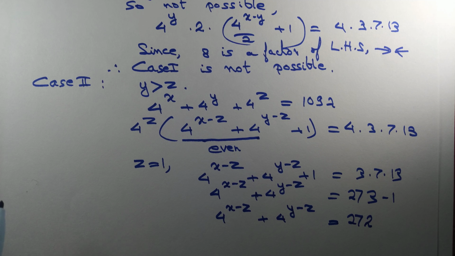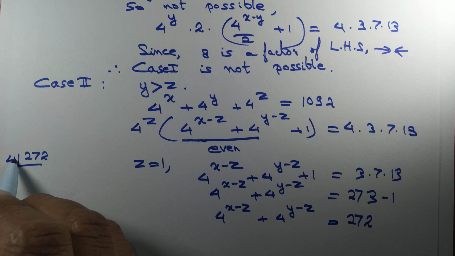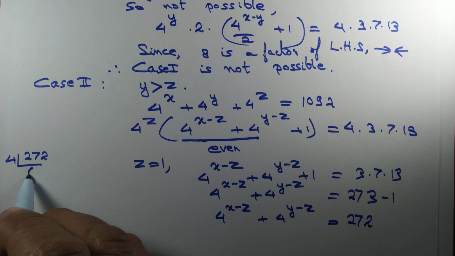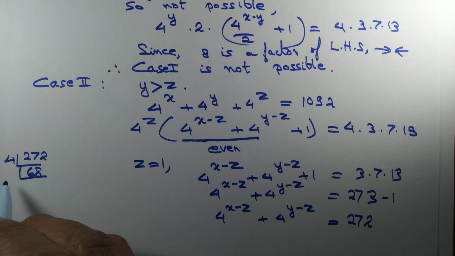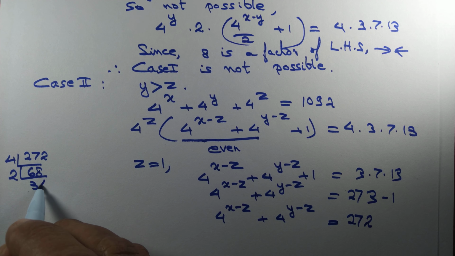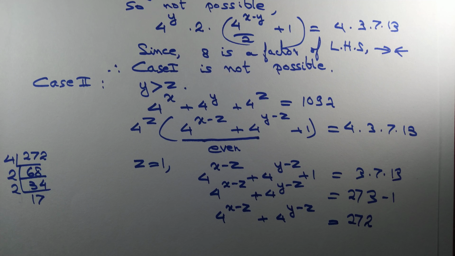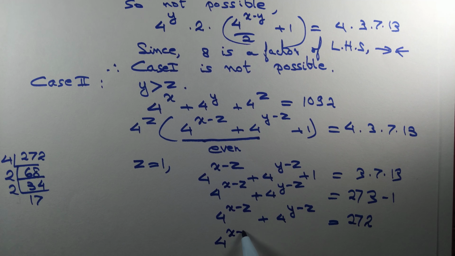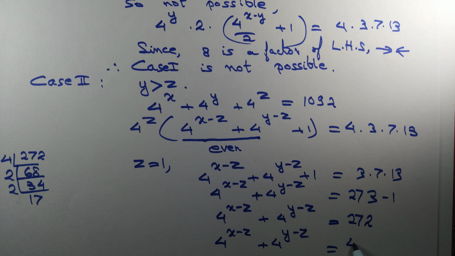Let's factorize 272. It's divisible by 4, and we can write this expression as 4^(x-z) + 4^(y-z) equal to 4 squared times 17.